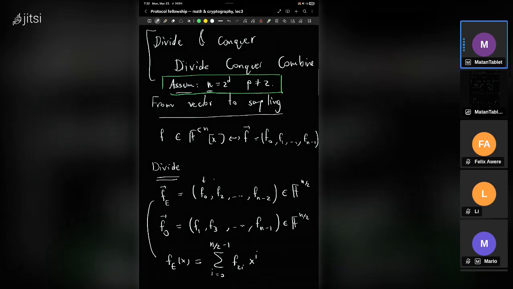If you translate from such a vector into a polynomial, you have this free coefficient, and you multiply the first coefficient with x to the 1. So this is f2 times x to the 1, and so on. In general, you have f of 2i times x to the i.